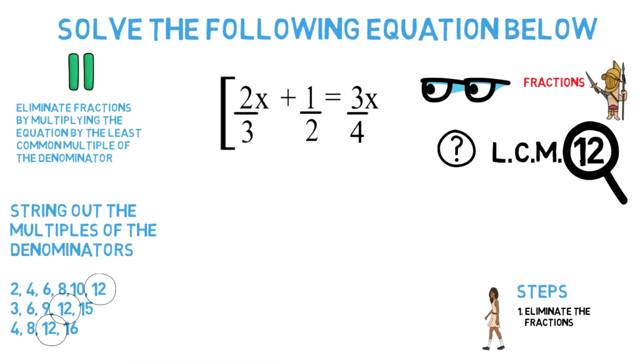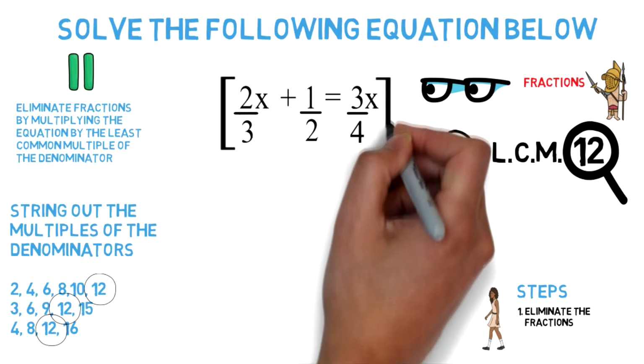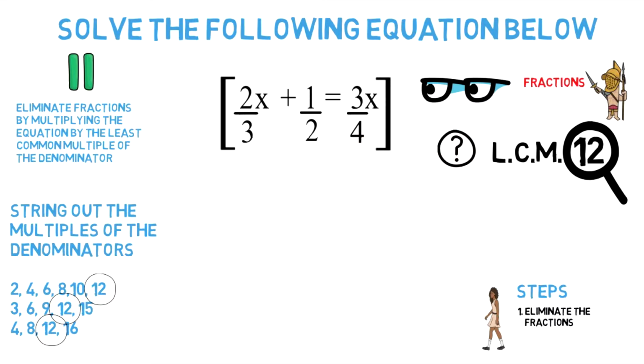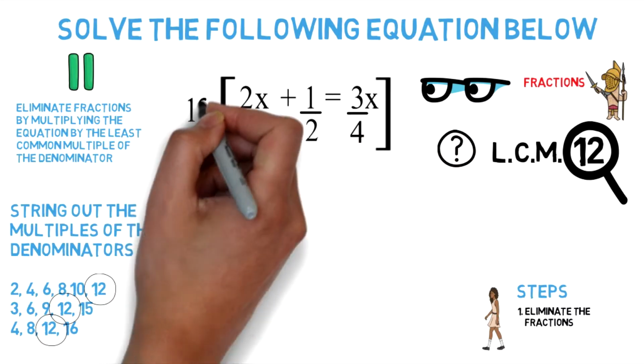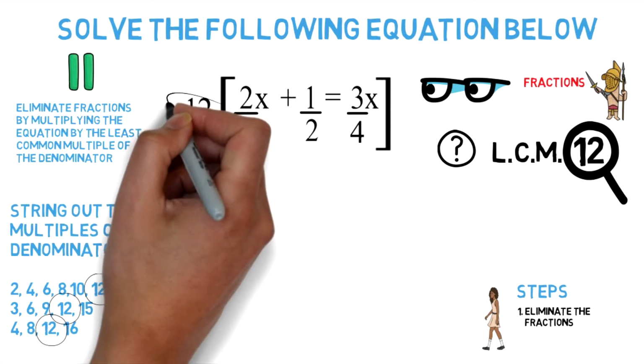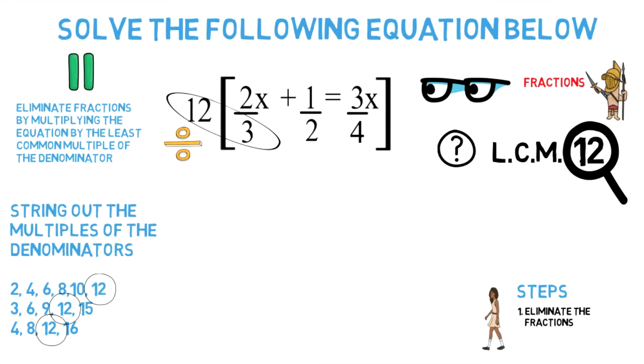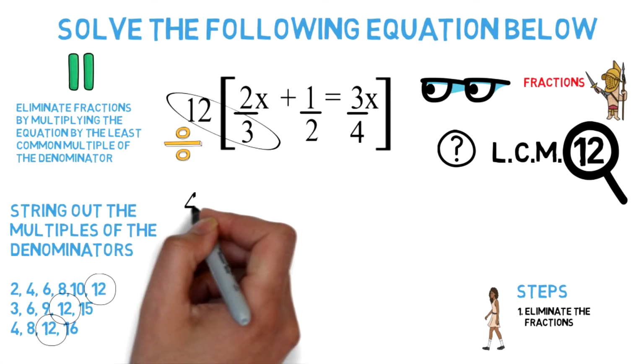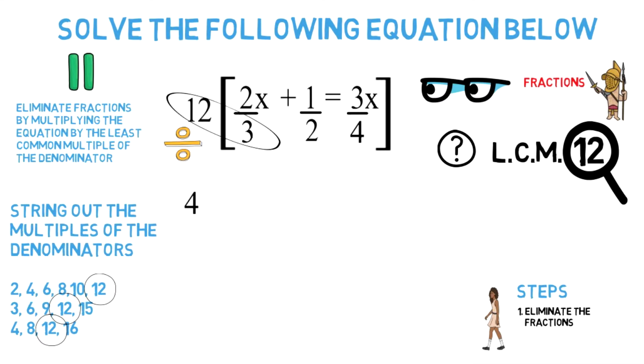Now you're going to take that 12 and multiply it to both sides of the equation, or basically just multiply it to every term in the equation. The reason we're multiplying everything by 12 is so that we can divide out and eliminate these fractions. You'll do 12 divided by 3, which will give you a 4.